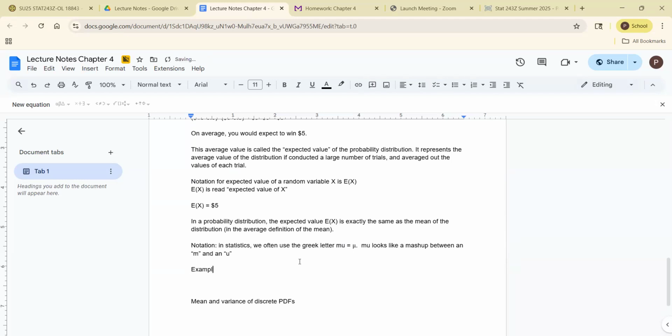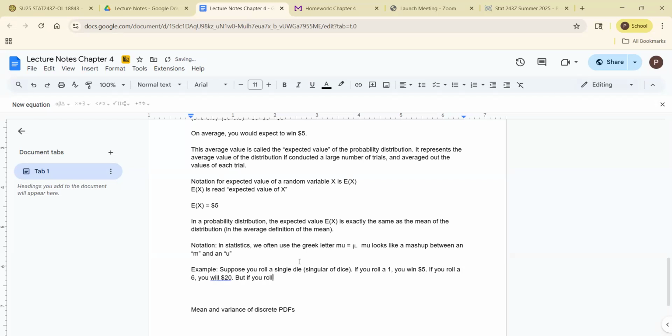Okay, let's do another example. Suppose you roll a dice or a single die, which is the singular of dice. If you roll a 1, you win, let's say $5. If you roll a 6, you win $20.